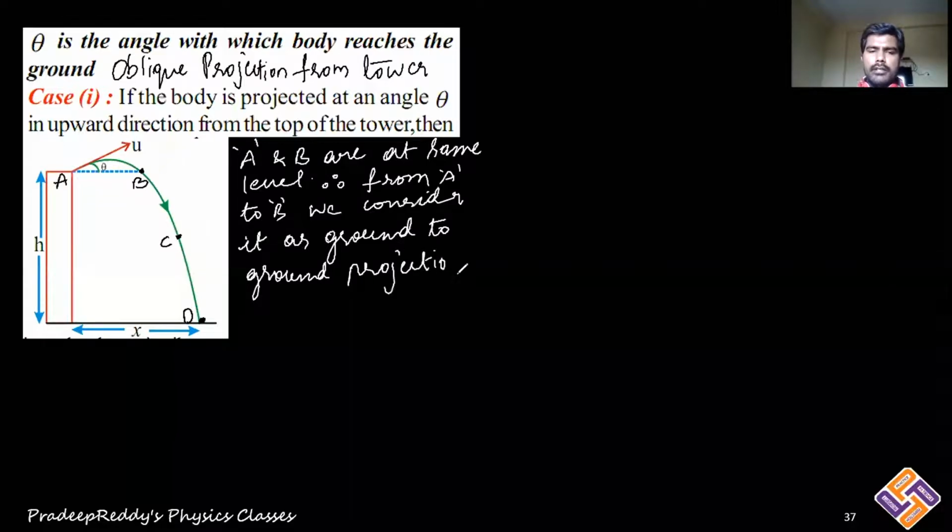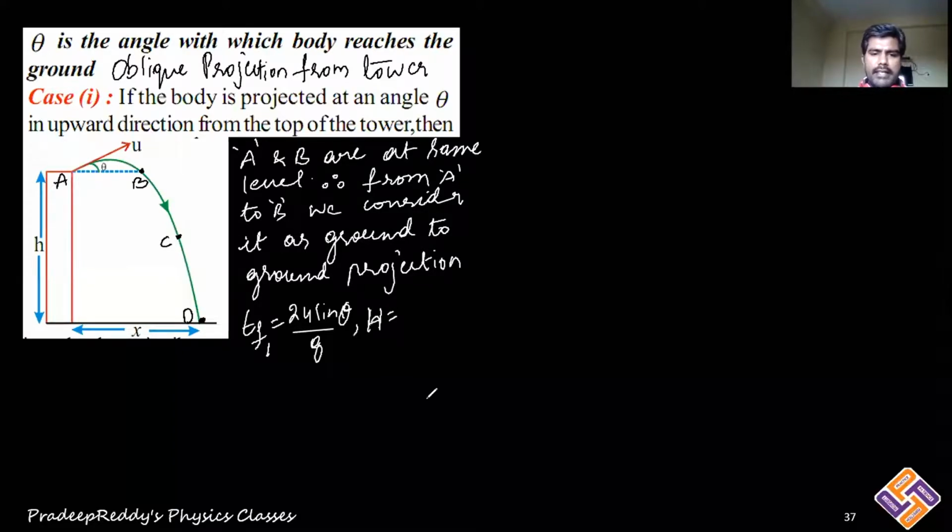It is identical to ground projection. Therefore, from A to B, all equations you can take as it is for projectile motion. You can take time of flight, let me take it as TF1, equal to 2u sine theta by g.